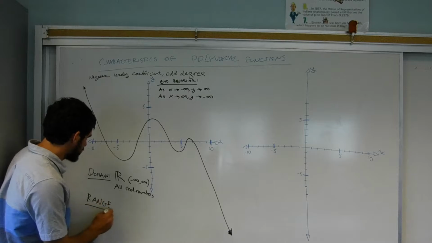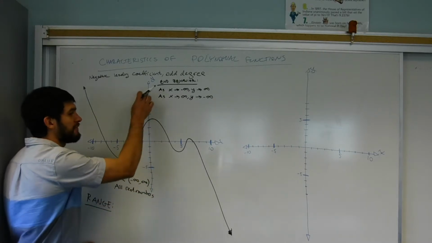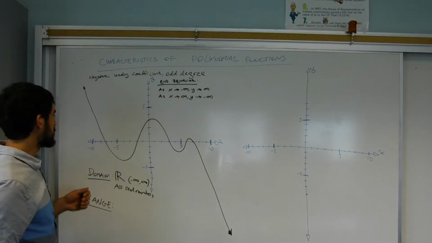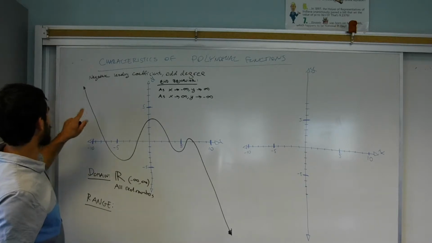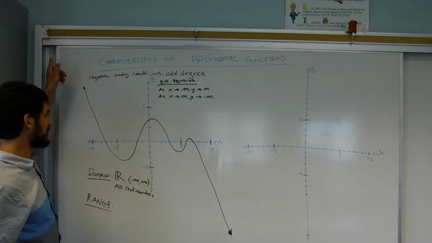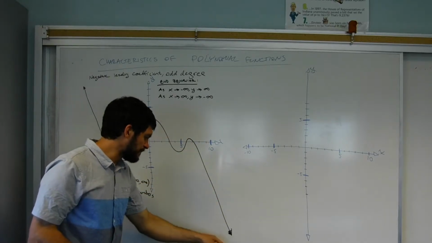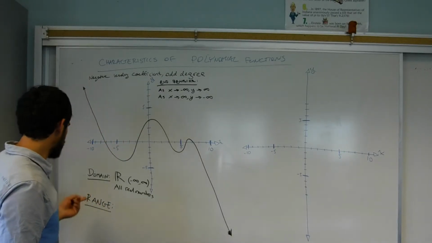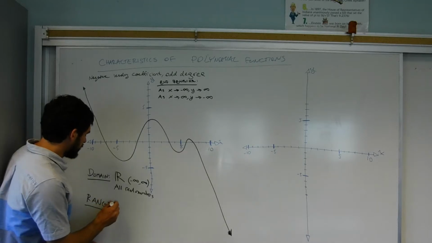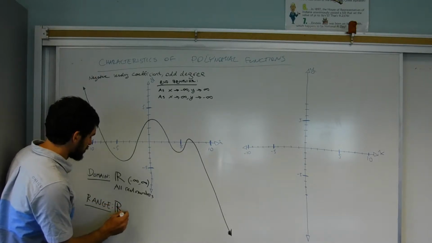The range consists of all the possible y values. You'll notice that this function keeps going up to infinity in this direction, and we go on our little roller coaster ride, and then it goes to negative infinity on this side. So our range is actually going to be all real numbers too.